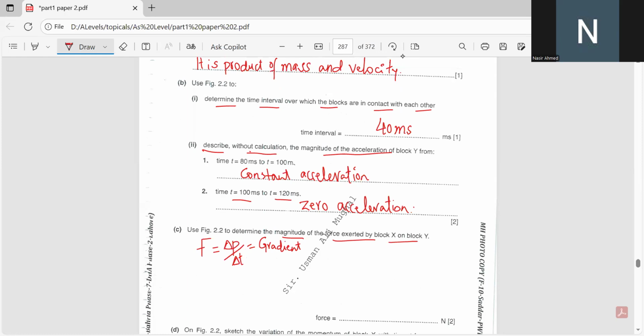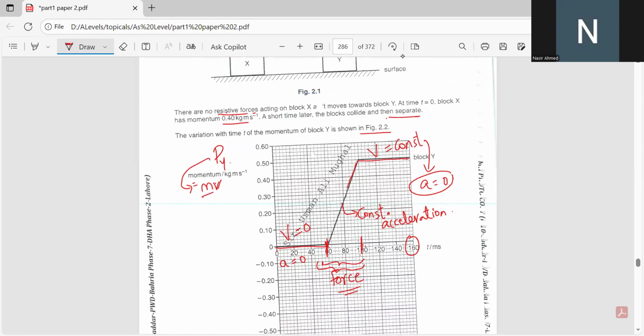Whenever there is a straight line graph between momentum and time, the gradient of this graph will be equal to force. So how are we going to find out the force from here?